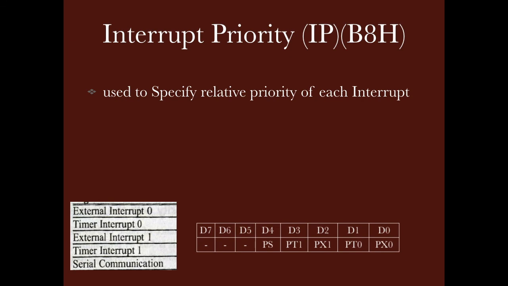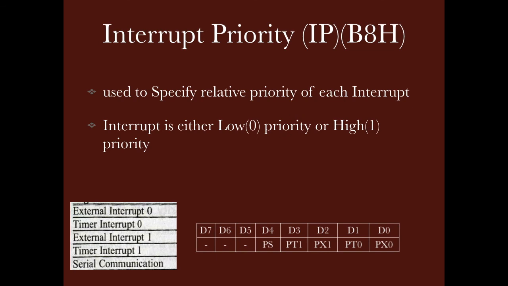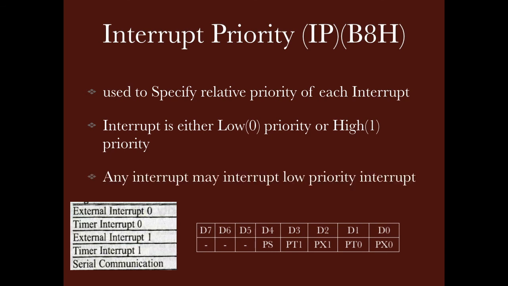An interrupt either has a low priority, that is the corresponding bit is 0, or it has high priority, then the corresponding bit in the IP register is 1. If we have high priority for more than one interrupt, then the figure here decides the priority of the interrupt which will be served first.